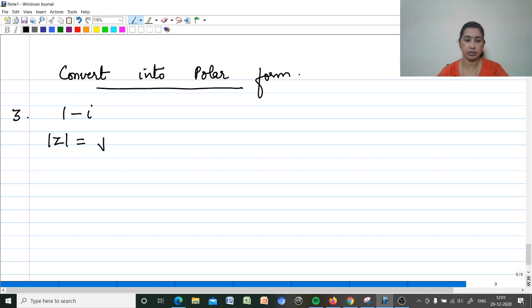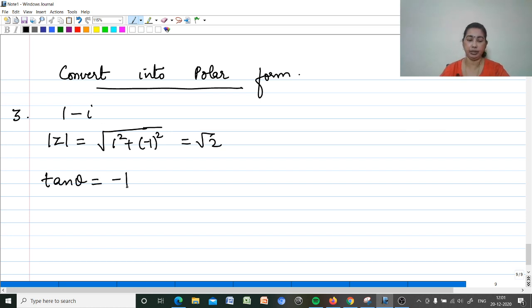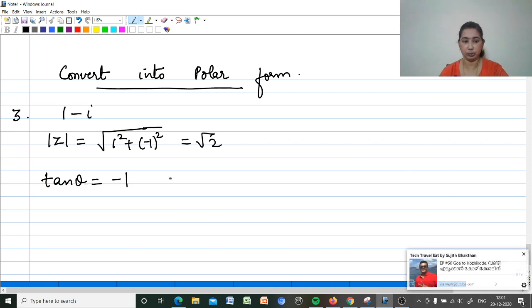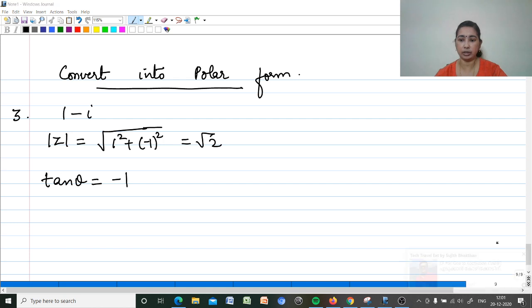So modulus is root of 1 square plus minus 1 square, which is root 2. Then tan theta is equal to y by x, that is minus 1 by 1, which is minus 1. Now tan theta is equal to 1 if theta is pi by 4. Now check in which quadrant it is lying.